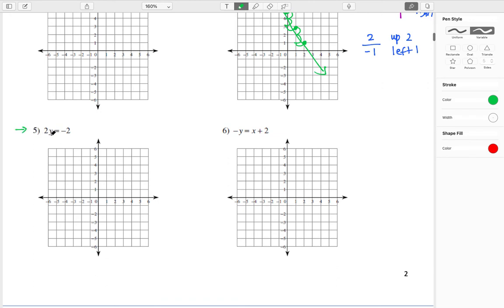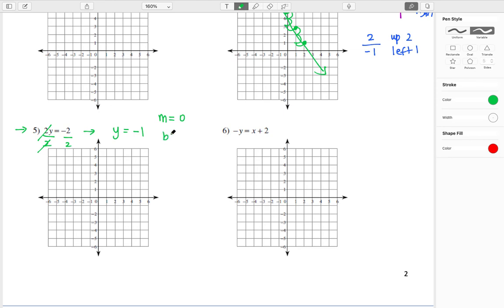So y is alone, but what's in front of y? It's 2. So I want to divide both sides by 2 so it cancels out. So I now have y is equal to -1. So there's no x here. So what does that mean? It must be, the slope must be 0, right? There's no x.